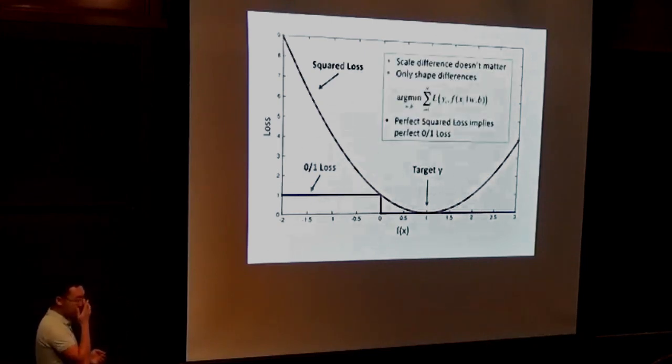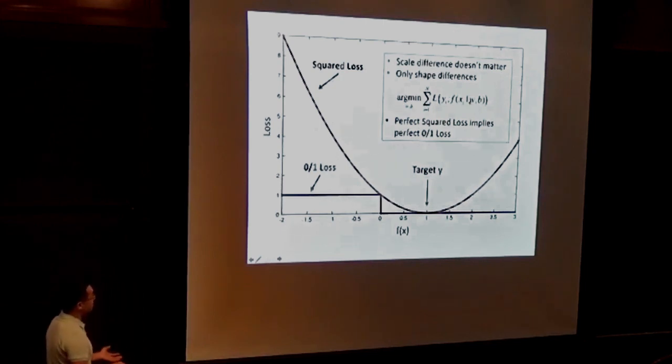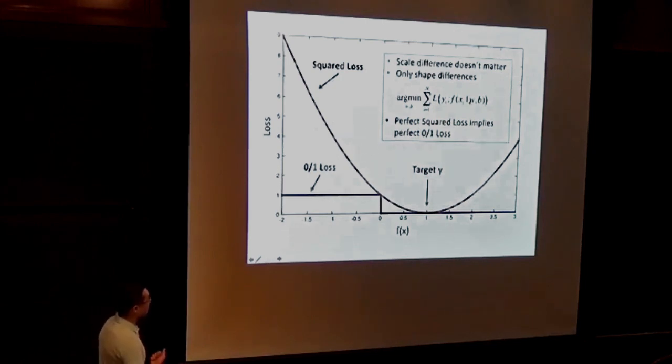Notice also that scale doesn't matter. I can multiply everything by 10 or multiply everything by 0.1. It doesn't change the minimizer of this optimization problem. Only the shape differences change the minimizer.